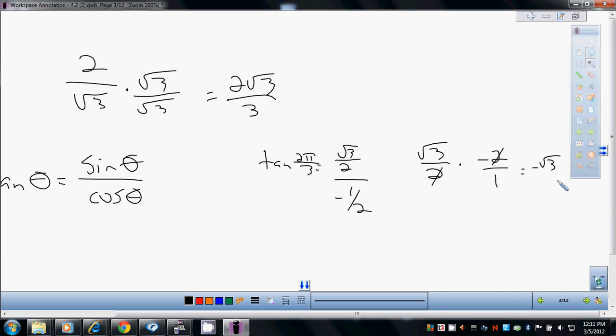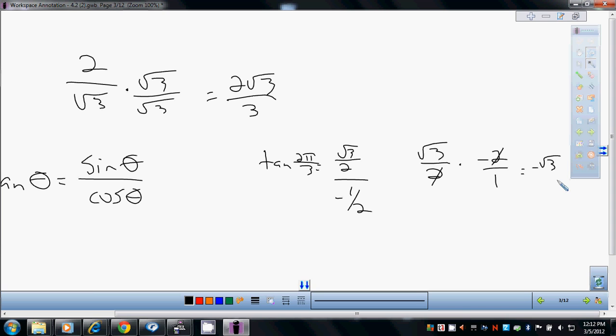And once you have tangent, to get cotangent, flip it. That's just theta. It's like what x was for algebra, theta is for trigonometry. Just a variable. That was sine over cosine. And then you just flip the bottom one and multiply.